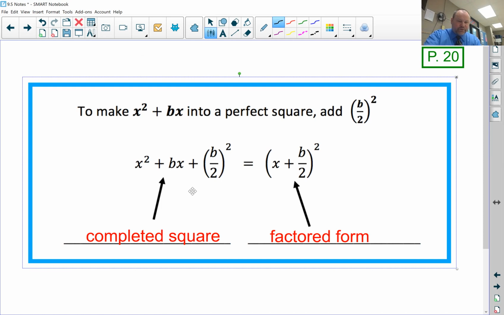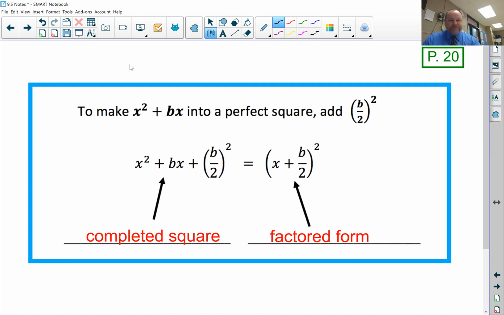And that gives us our completed square. The factored form was x plus 3 squared. So that b divided by 2 is important to know because we can write our expression immediately in factored form. Makes it pretty easy to work with as far as finding our solutions.